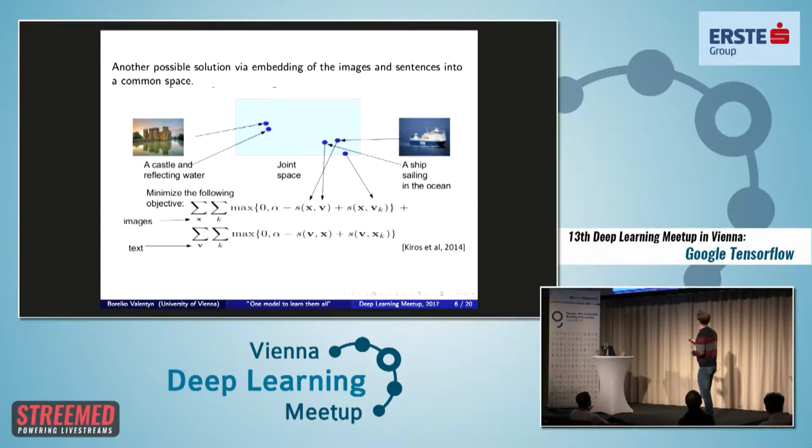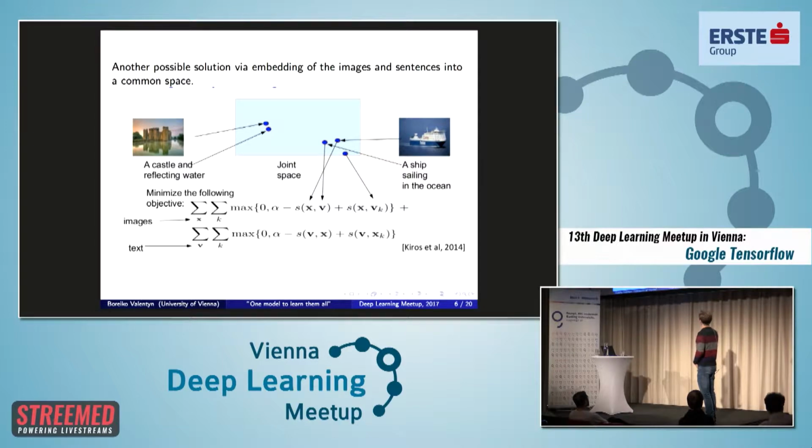Then there is another one, embedding in the common space. We embed the images and the corresponding text, so in this case, for example, a ship and a description that a ship is sailing in the ocean. And we embed them, so kind of multiply with matrices, so to speak, or with a series of matrices.